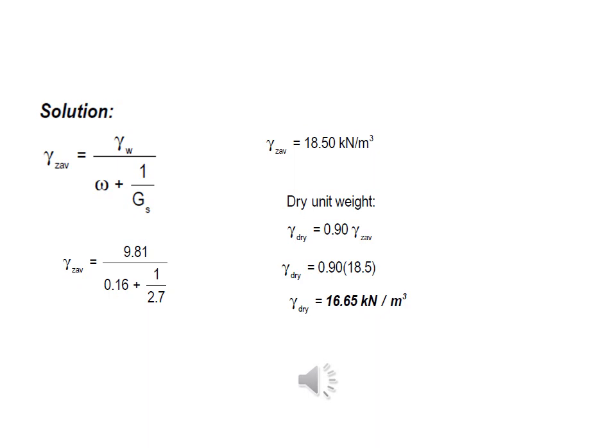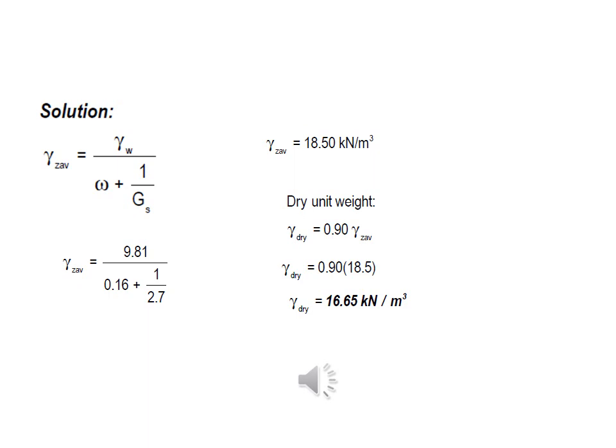For the solution, we have the formula of gamma zero air void, which is equal to the gamma of water divided by quantity of moisture content plus the reciprocal of the specific gravity. So we compute the value as 9.81 divided by 0.16 plus 1 over 2.7.